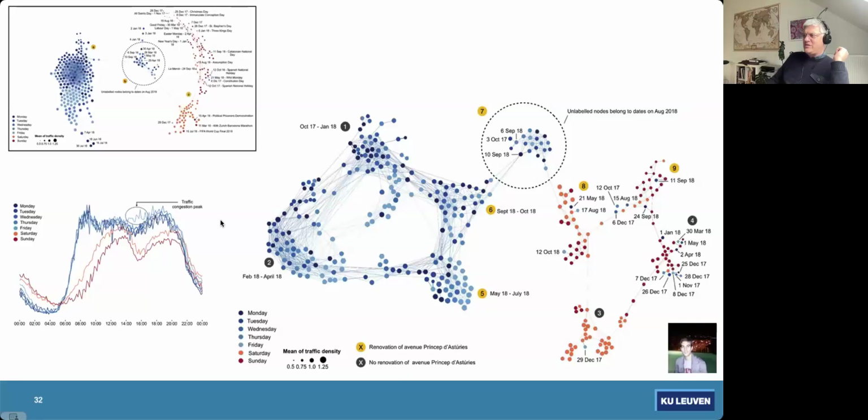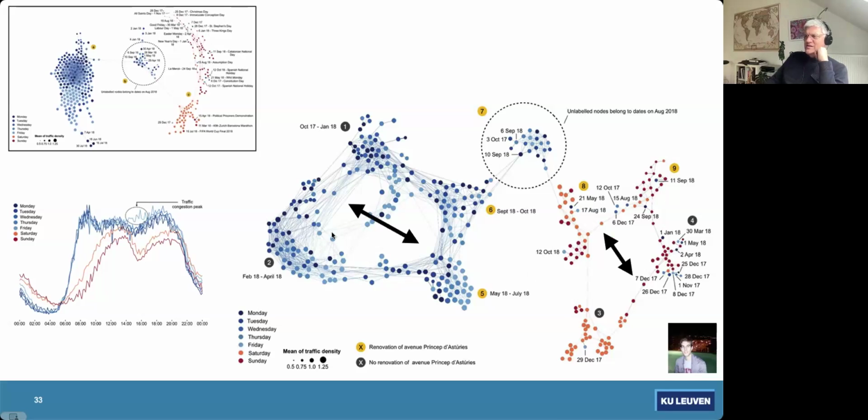Well, coming back to the traffic data in Barcelona, this was a plot that I showed before. But of course, I also already mentioned that something is going on with the Friday that's different than the other days. And if you look at the traffic over the day for all the days, then on Friday about 4 o'clock, there's a traffic congestion peak. So we use that as a lens. And instead of this plot, we get this plot.